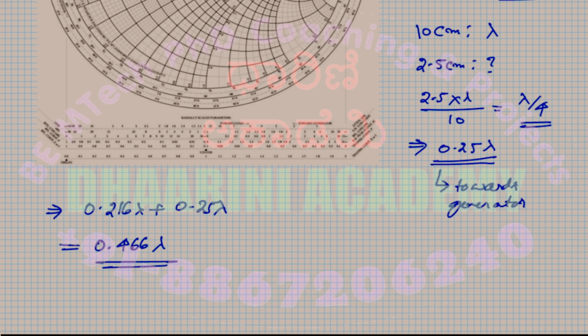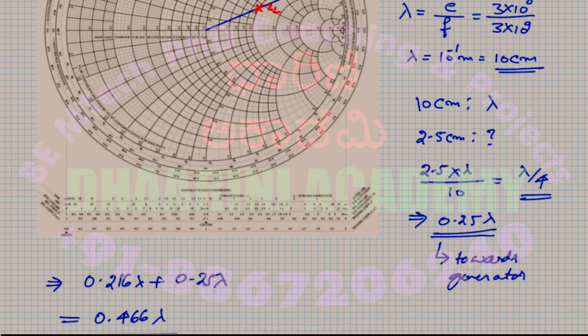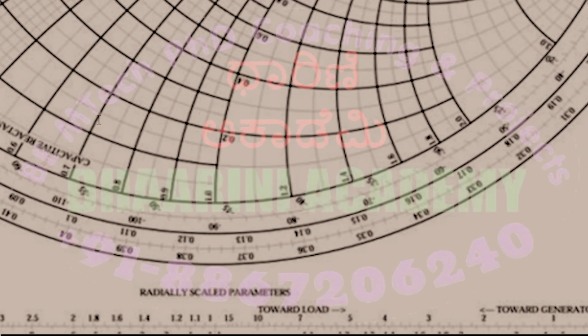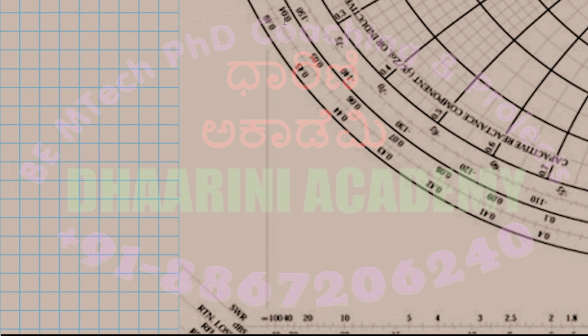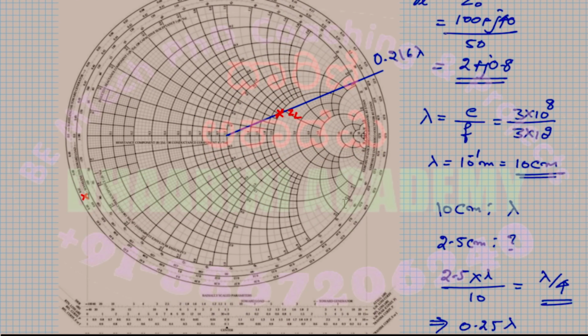Okay, so mark that 0.466 lambda on the graph. Okay, so 0.462, 0.464, 0.466 is this point, correct? Again I'm using the outer scale because I'm moving towards the generator, right?